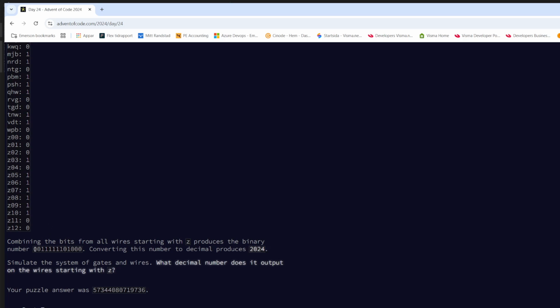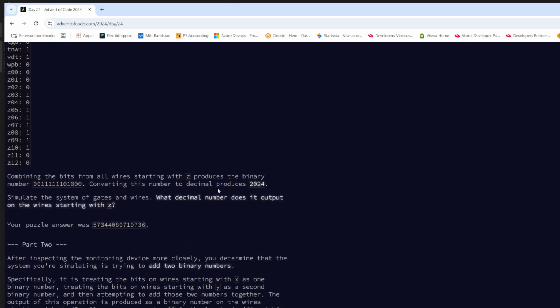When we do this, we need to reverse the order, because this will be the least significant bit and this will be the most significant bit, so to speak. If we do this for this example, we should get the decimal number 2024 in the end.